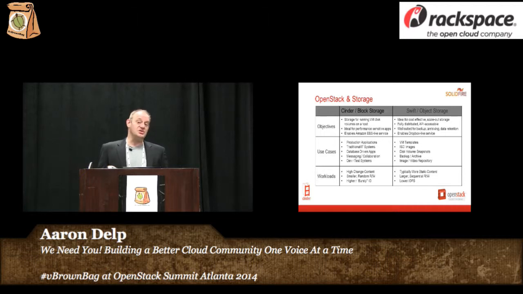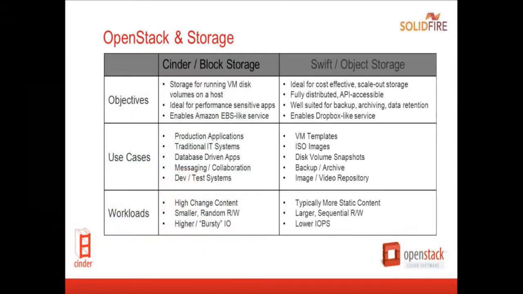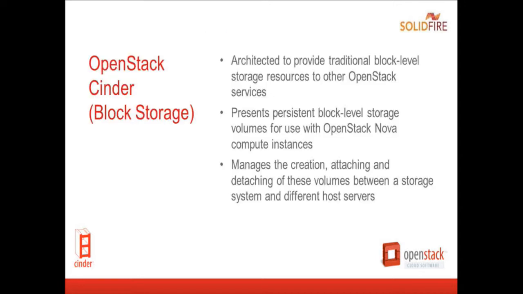Now there are some applications out there that absolutely use this, some web scale kind of applications where that primary performance is secondary to that scale-out aspect of everything. And then lastly, the workloads. The workloads we're looking at, especially under Cinder and block, are a lot of high change content. The Swift stuff tends to be more static. It may be accessed a lot, but it tends to be more static in its delivery.